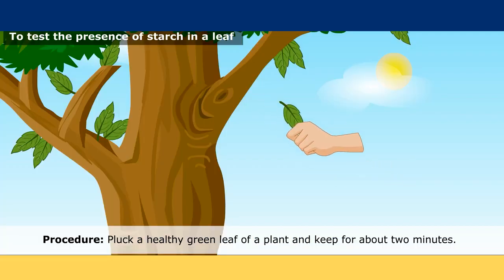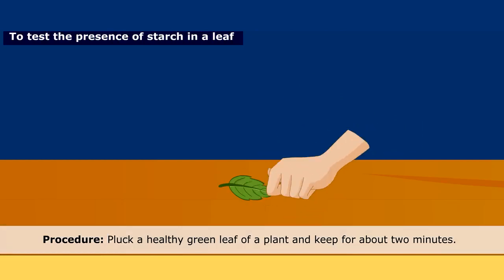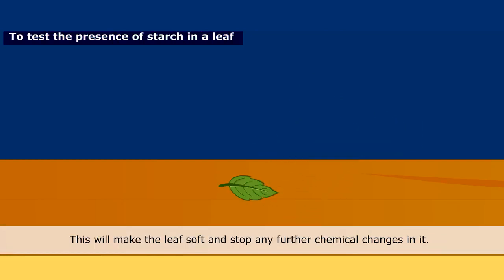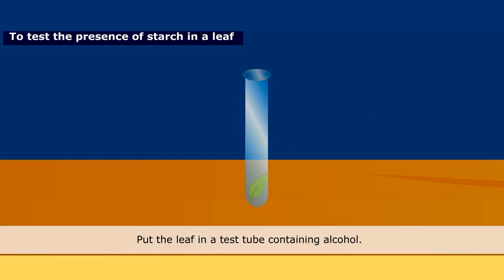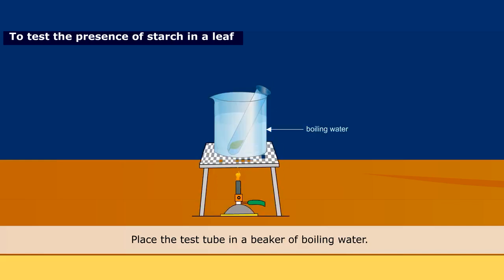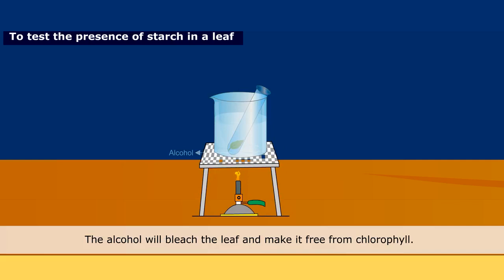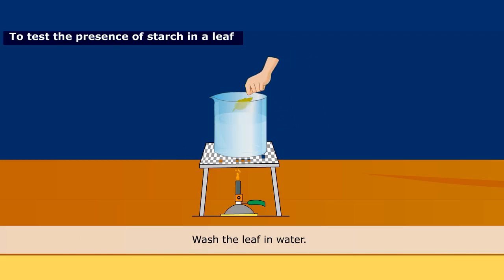Pluck a healthy green leaf of a plant and keep it in boiling water for about 2 minutes. This will make the leaf soft and stop any further chemical changes in it. Put the leaf in a test tube containing alcohol. Place the test tube in a beaker of boiling water. The alcohol will bleach the leaf and make it free from chlorophyll. Wash the leaf in water.